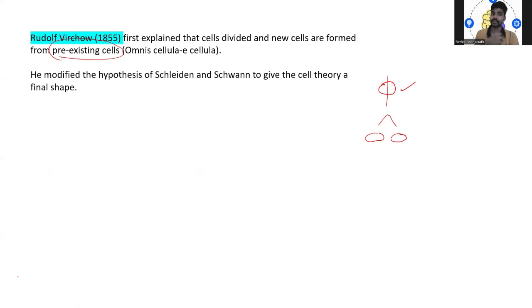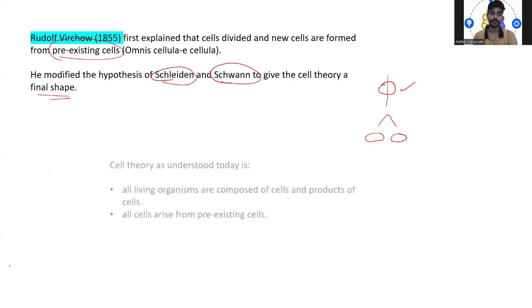Then he modified the hypothesis of Schleiden and Schwann to give the cell theory its final shape. The earlier scientists studied plant cells and animal cells; based on their hypotheses, he gave proper clarity and finally proposed the cell theory in a fine shape.